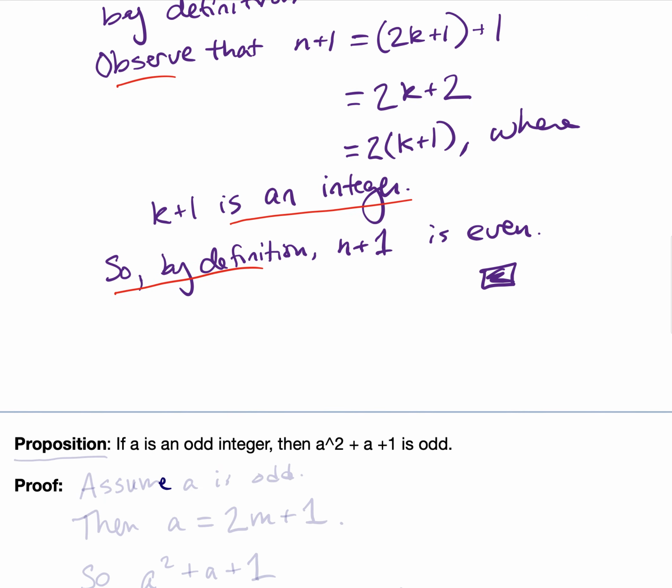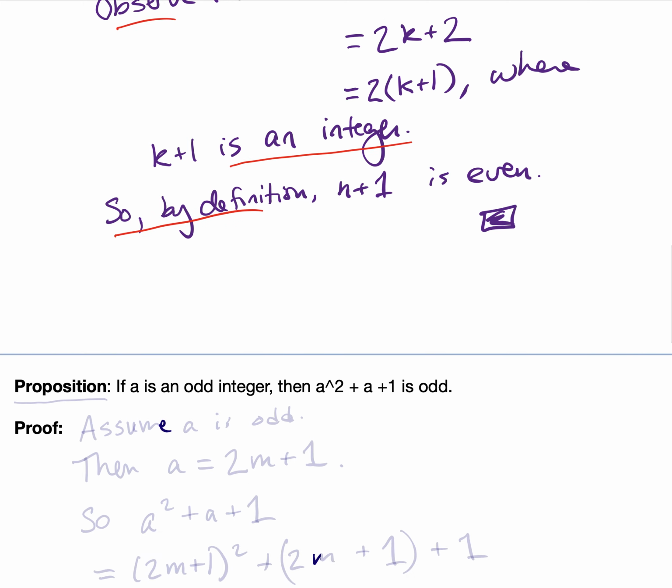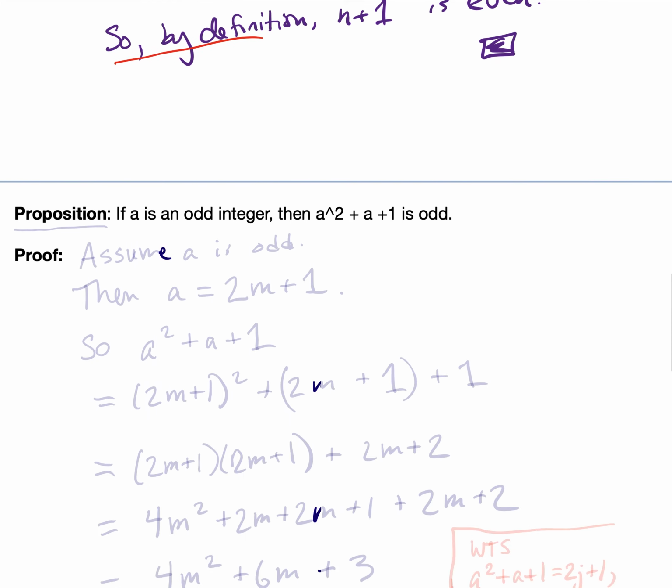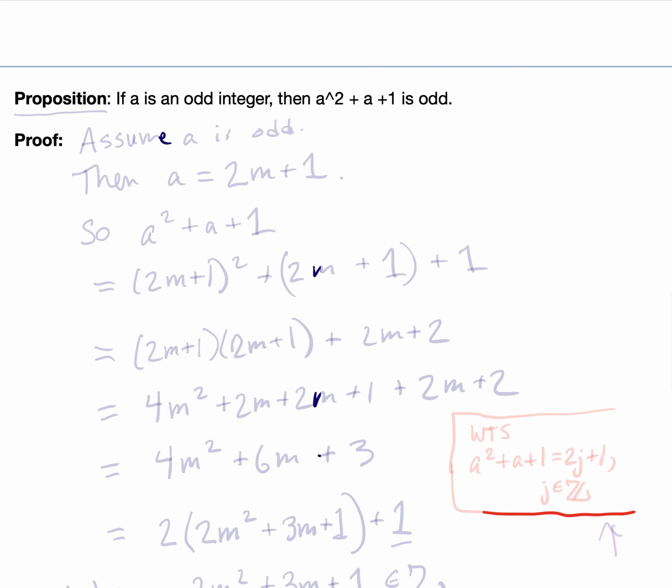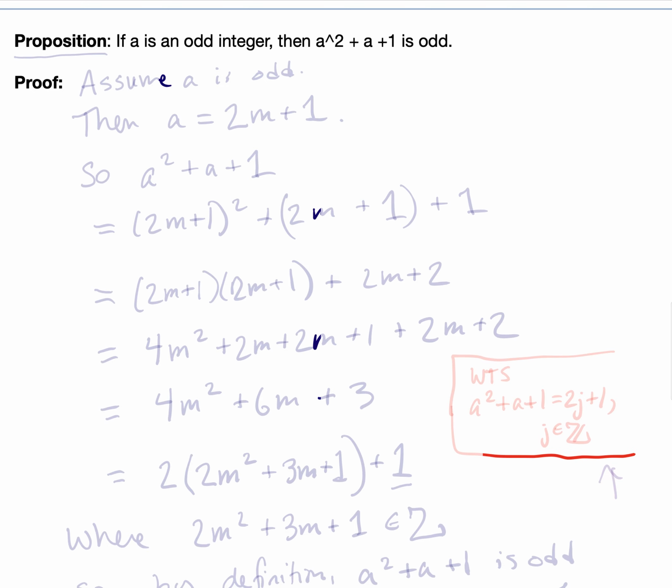Here we want to prove the proposition: if a is an odd integer, then a squared plus a plus 1 is odd. By the way, we use the term theorem and we use the term proposition. A theorem is a major statement that is proven.